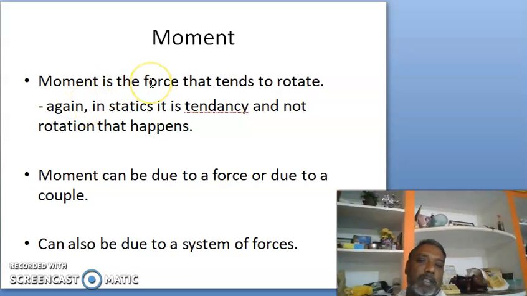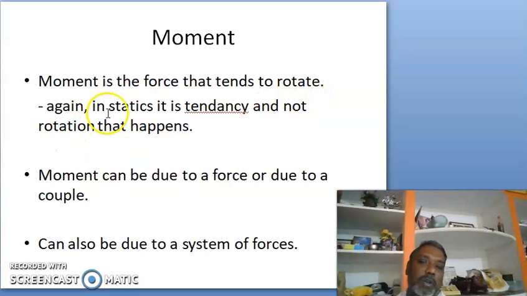So the moment is an effect that tends to rotate a body in its direction. Similar to what we studied in statics, it is the tendency of the moment, similar to the tendency of the force, and here the rotation may not happen in statics.